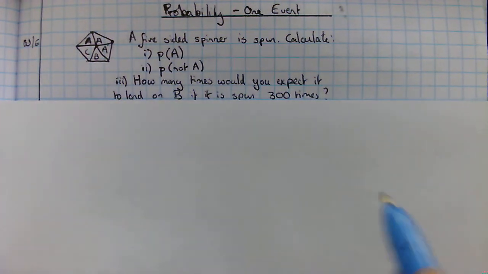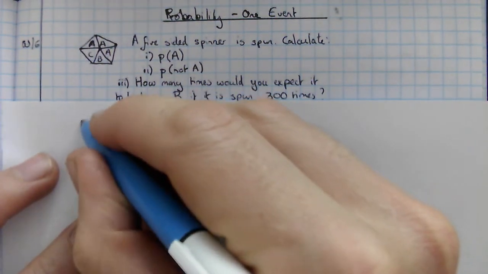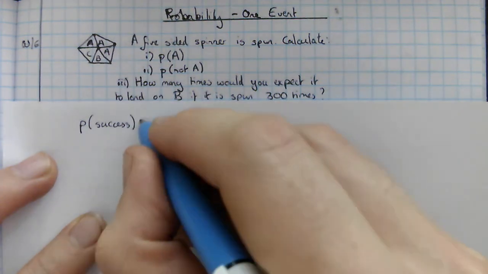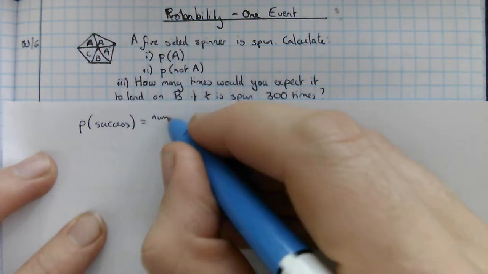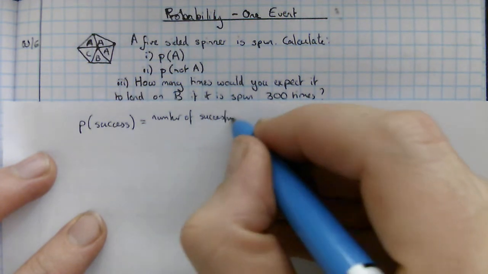So firstly, to calculate a simple probability, we look at the number of successful outcomes. So probability of a success is equal to the number of successful outcomes over the total number of outcomes.